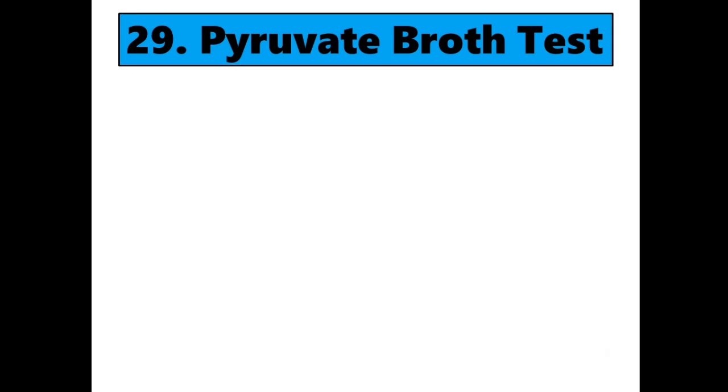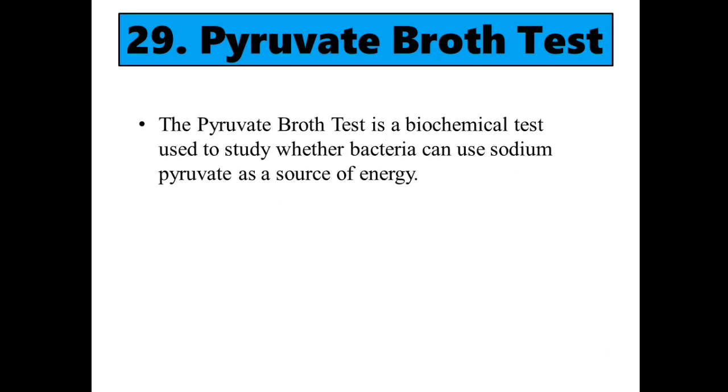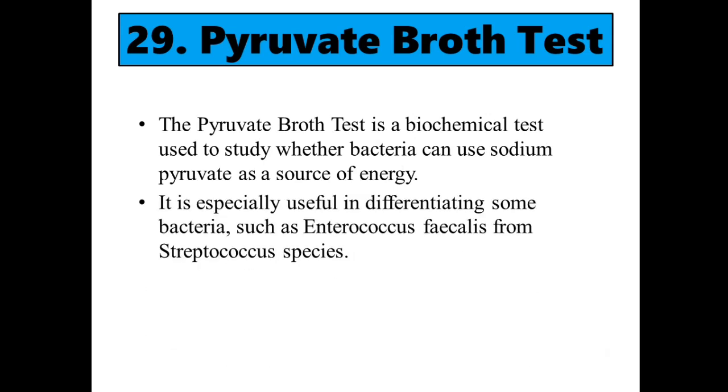First of all, we will see what the pyruvate broth test actually is. This is a biochemical test which is specially used to check the ability of bacteria to use sodium pyruvate as an energy source. Why do we use this type of media?